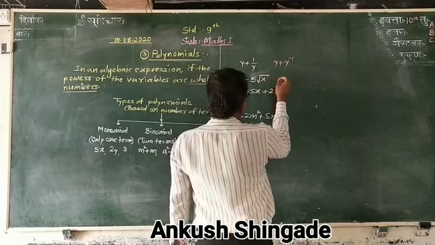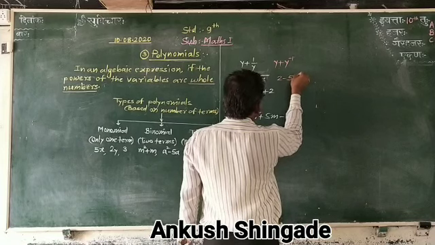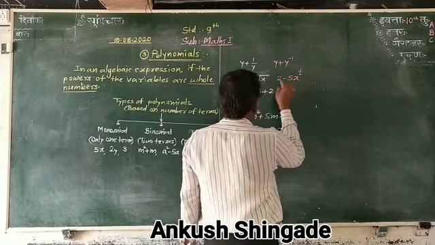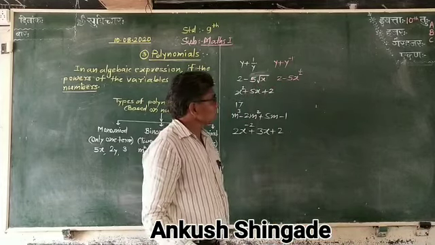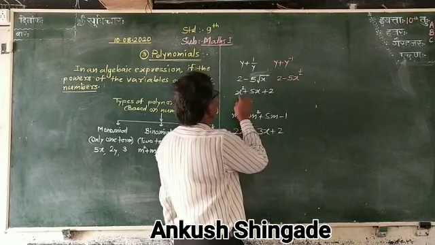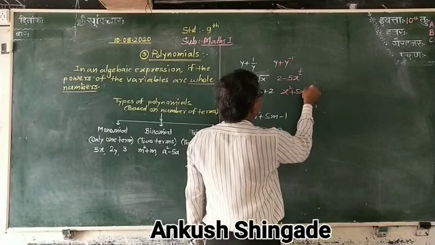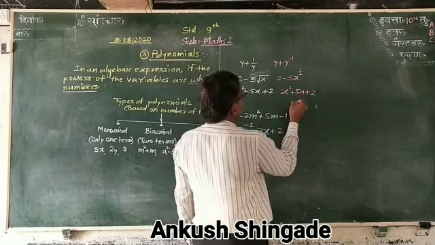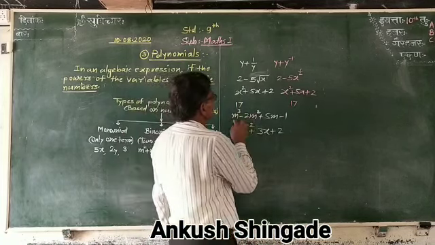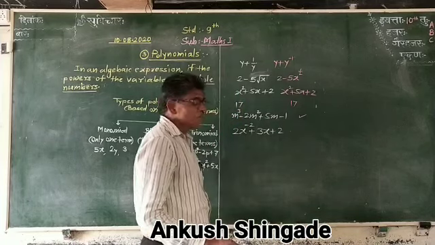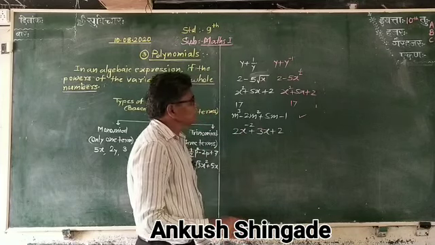By solving this, we get 2 minus 5 x raised to 1 upon 2, the square root of x. Then here x square plus 5x plus 2 is an expression, and 17. Here by solving we get the same.